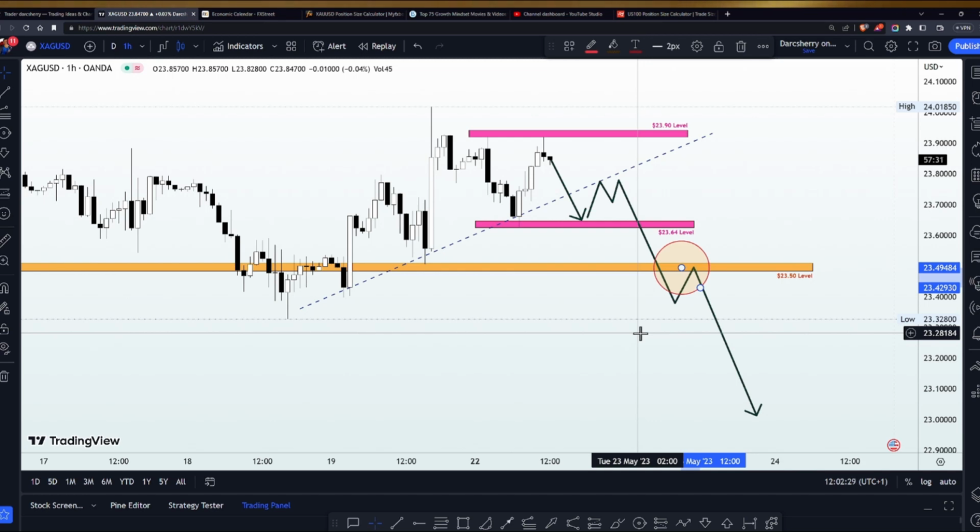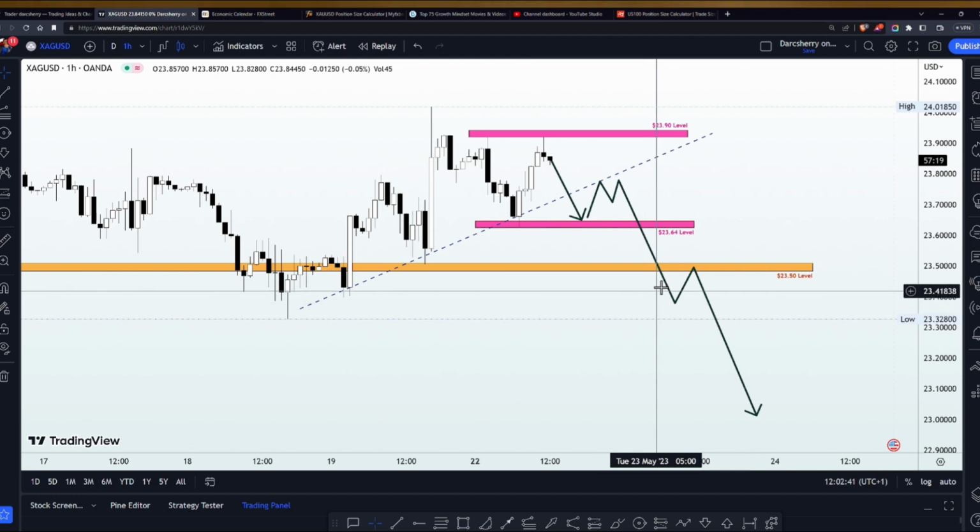That will determine if we are going to be adding more sell positions, going further bearish to the downside, or we might likely see buy pressure resume around that area to push price to the upside. So we want to keep all this in mind while we continue to monitor price action.